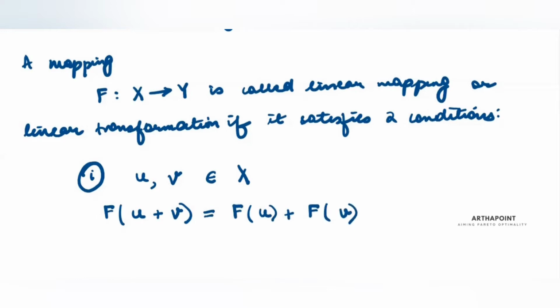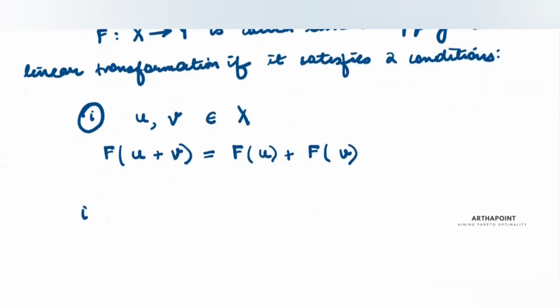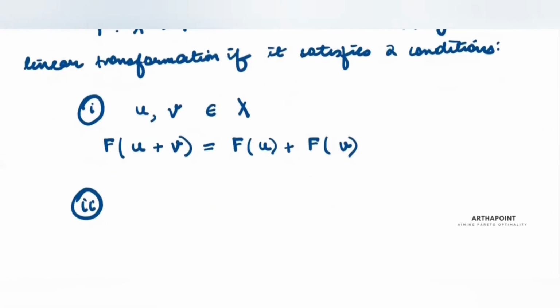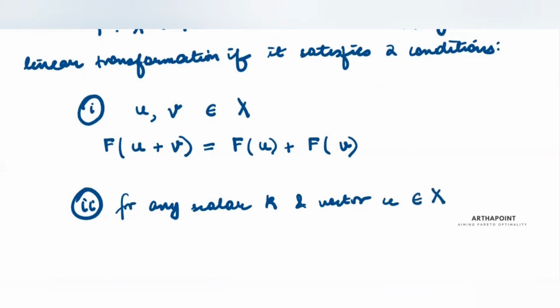This is the first condition. The second condition for it to be called a linear transformation or a linear mapping is that for any scalar k and vector u belonging to X, f of ku should be equal to k f of u.